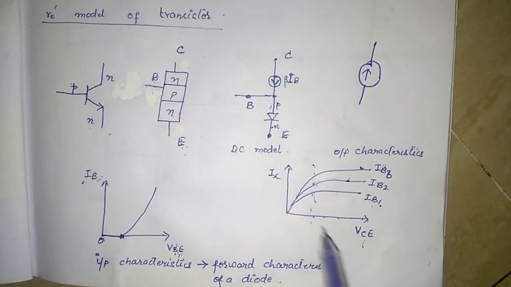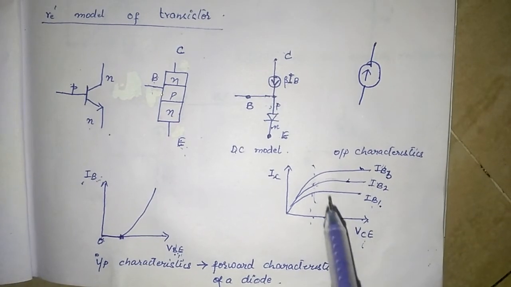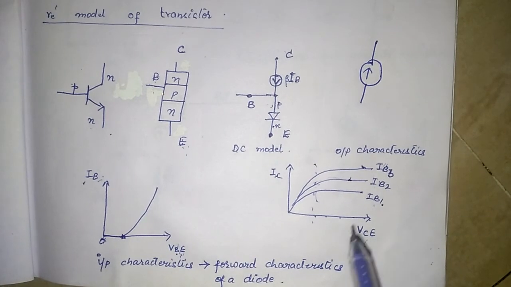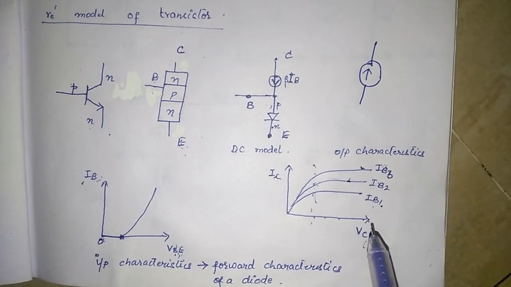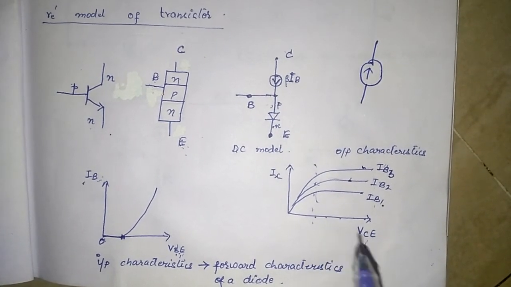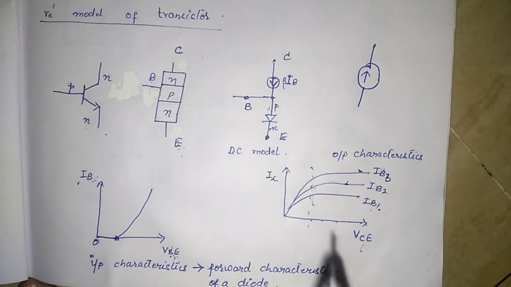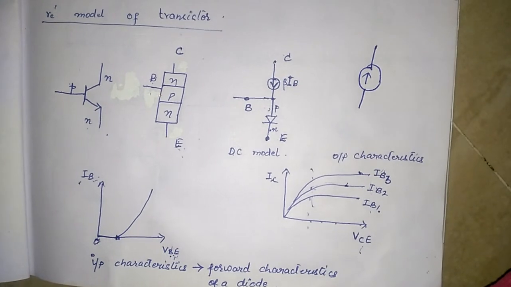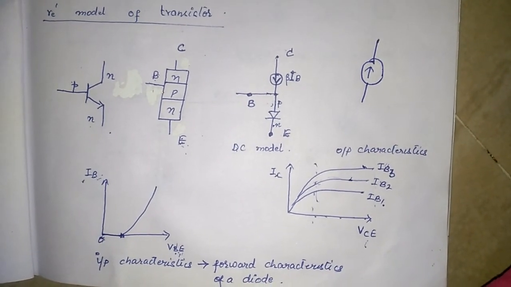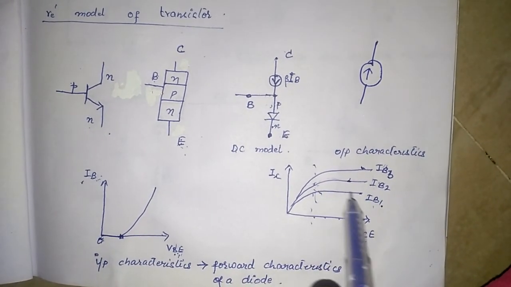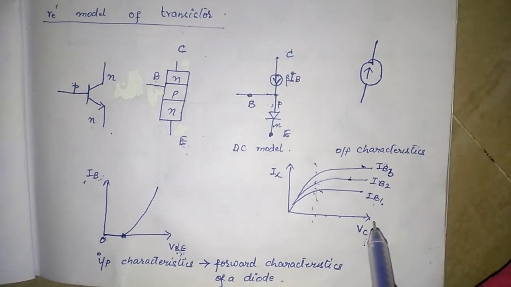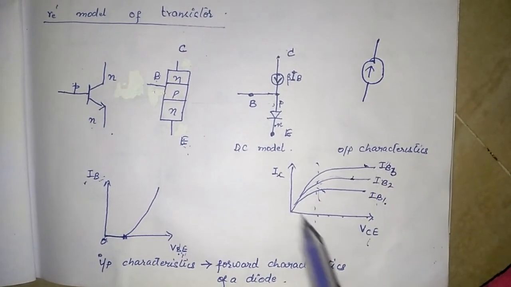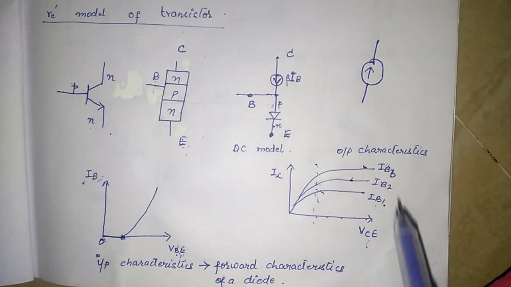What does this mean? To put it in a statement, the output current remains constant irrespective of changes in the voltage across it. If you remember, in the first semester we learnt that a constant current source is defined as one which gives constant output current irrespective of changes in voltage across it. Don't you think that definition holds good for the output characteristics of a BJT?